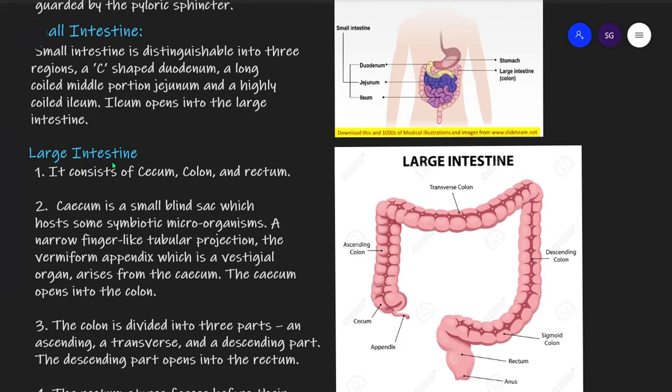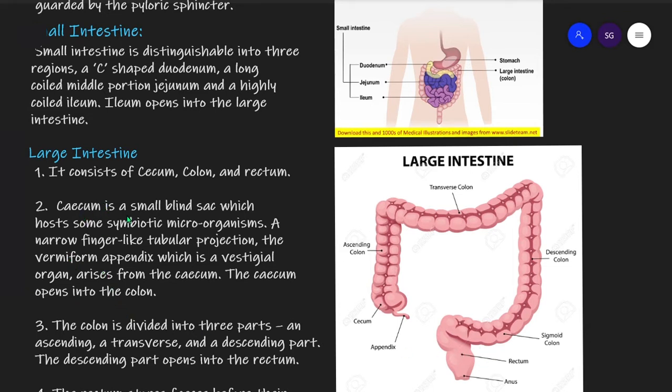Now we will study the large intestine. The large intestine consists of cecum, colon and rectum. This first portion is the cecum. Then the ascending colon, transverse colon, descending colon and the sigmoid colon. This entire portion is called the colon, and the last portion is the rectum.